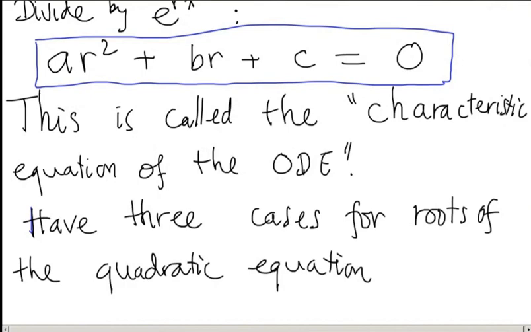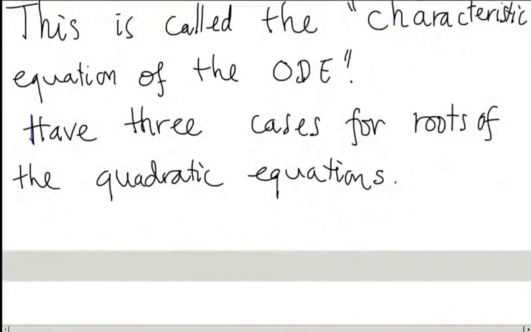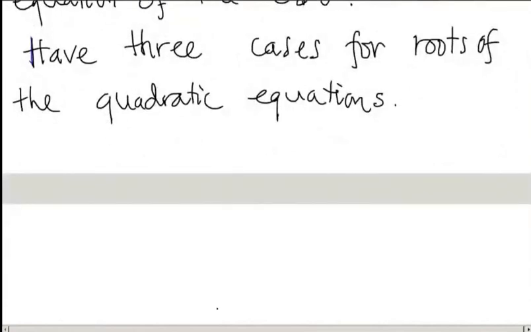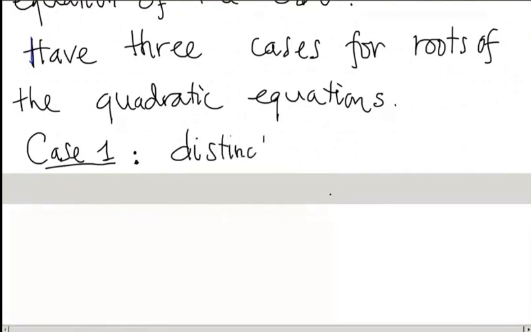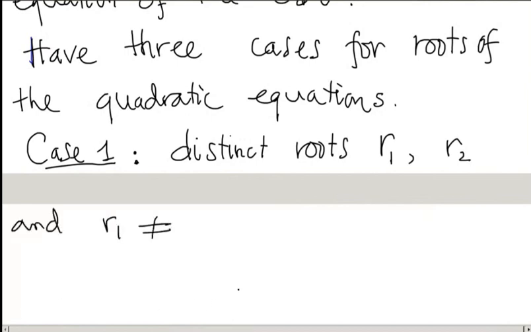The values of r are called the roots, and you should know that from your college algebra. Case 1 is that the equation has 2 distinct roots, r1 and r2. And distinct means that r1 is different from r2.